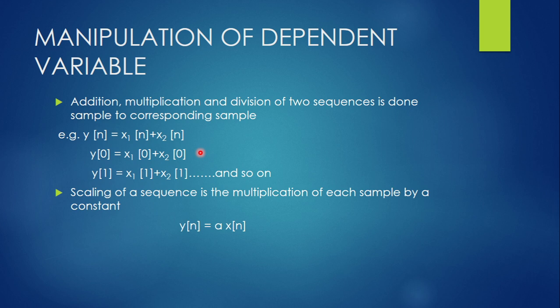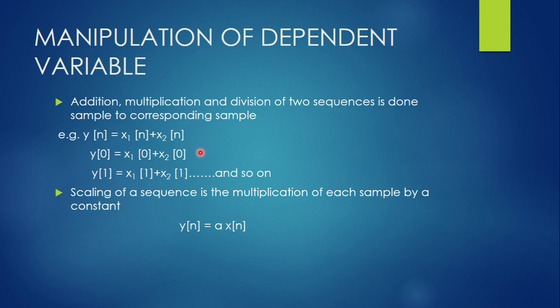The first sample of one sequence will be added to the first sample of the other sequence. Similarly, suppose you multiply two sequences. The zeroth sample will be multiplied by the zeroth sample, the first by the first, the second by the second, and so on. Similarly, we can do the division.